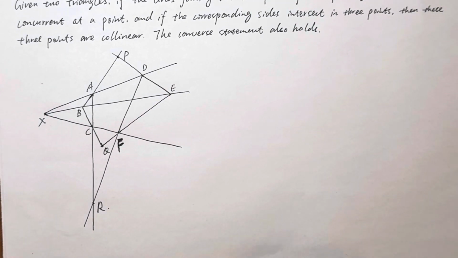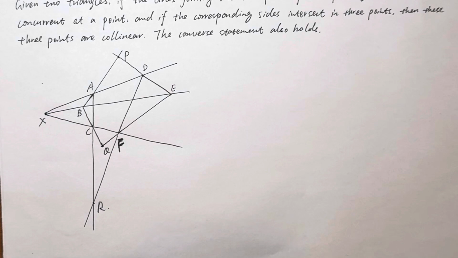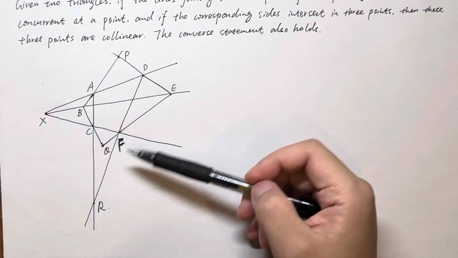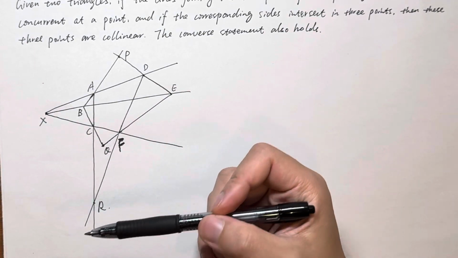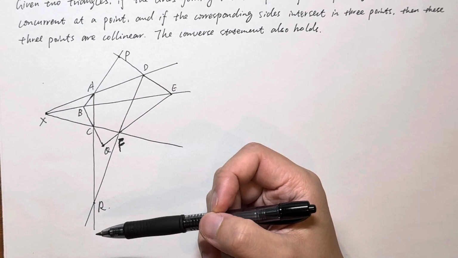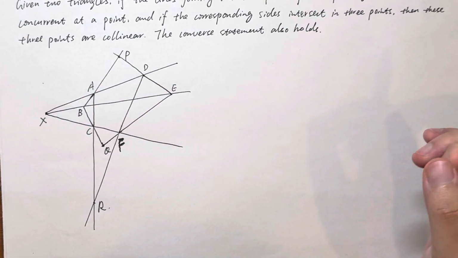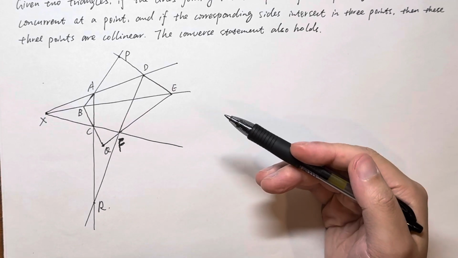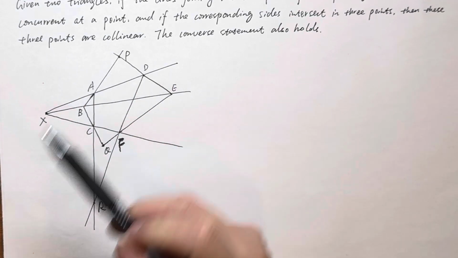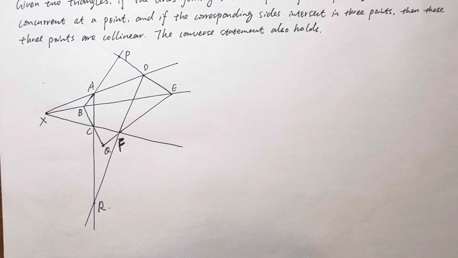Okay, for this kind of problem, I think we practiced before. Because we have so many lines here, we can use the Menelaus theorem a lot, multiply the results together, and then use the converse of the Menelaus theorem to prove that 3 points are collinear.